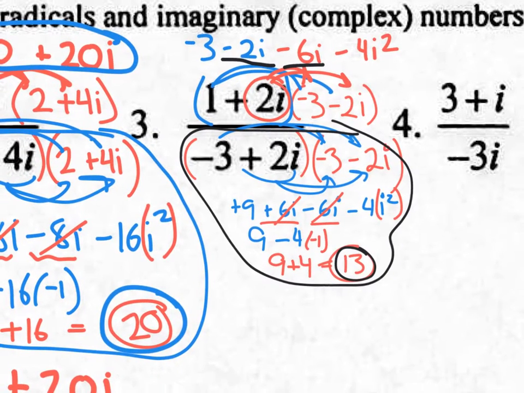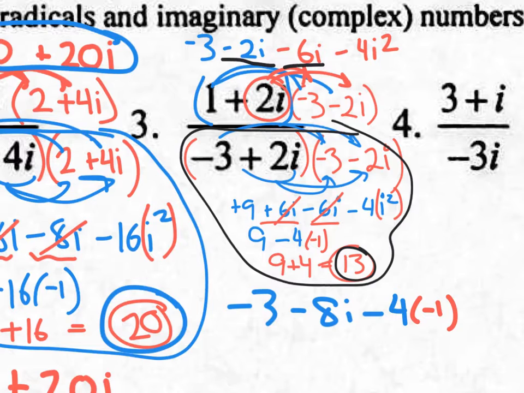So let me rewrite this. I want to take all of this and simplify it, and this is going to be the answer on my numerator. So this guy and this guy give me a negative 8i, correct? So I really have negative 3 minus 8i, and then minus, what do I have over here? A 4i squared. But that i squared is going to be times negative 1. So minus 4 times negative 1.